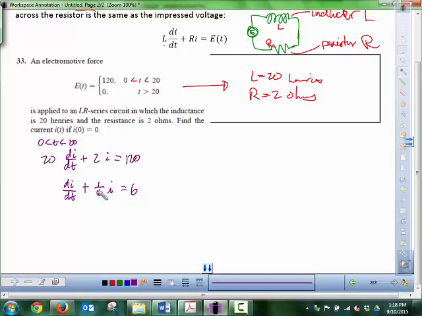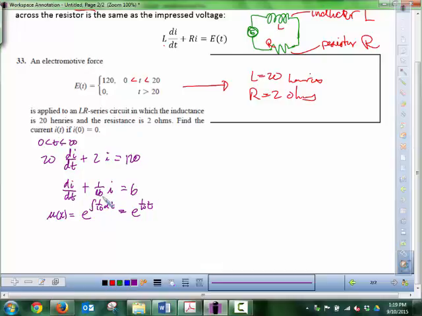So this is our P function, and our integrating factor, mu of t, is equal to e to the integral of 1/10 dt. So that's just e to the 1/10 t, right? That's your integrating factor.